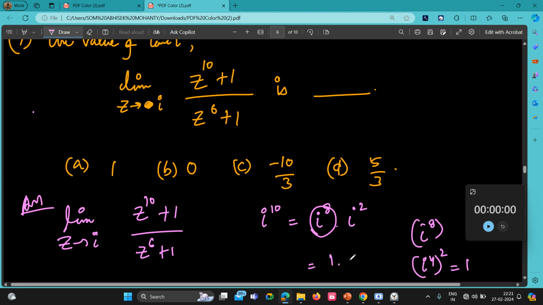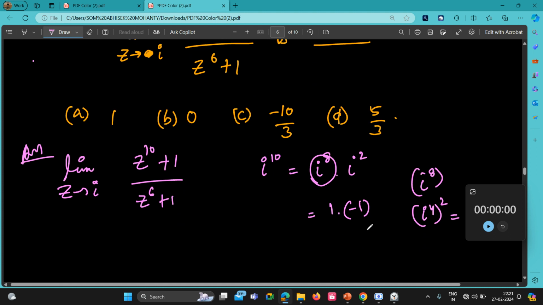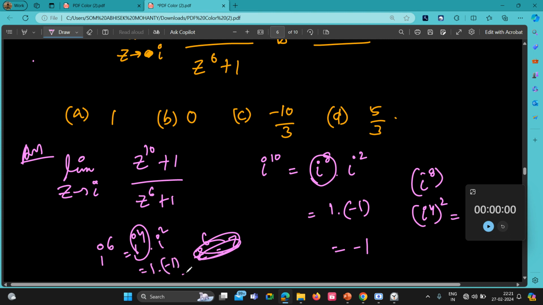But i square is minus 1. So this one is making minus 1. And i to the power 6 is i to the power 4 into i square, 1 into minus 1, that is minus 1. So this is minus 1 plus 1, this is also minus 1 plus 1. So this is actually 0 by 0 form.